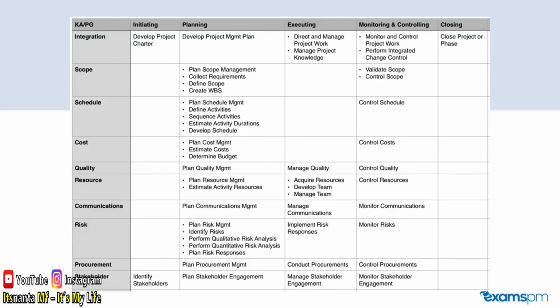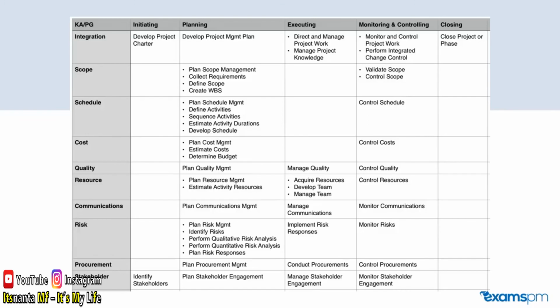And then we moved on to executing, and the way that we can memorize all of the processes in the executing process group is using the formula manage to the power of 5 plus DAD is correct. DAD is all capital case because each letter of the word DAD is going to match with the letters of the processes in the executing process group.